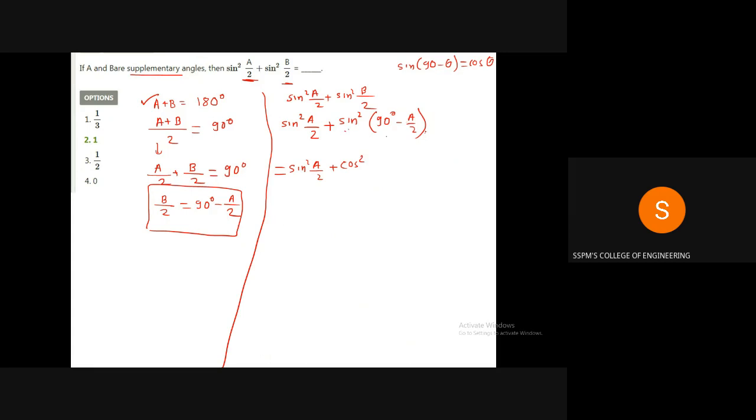So sin square 90 minus A by 2 is cos square A by 2. Sin square A by 2 plus cos square A by 2 is equal to 1, because sin square theta plus cos square theta is equal to 1. So 1 is the correct option. Second option is the correct one.